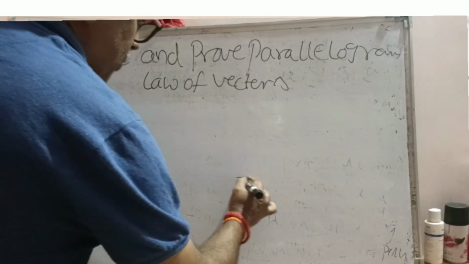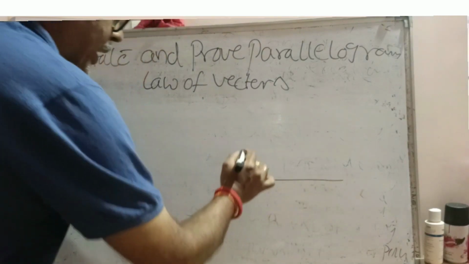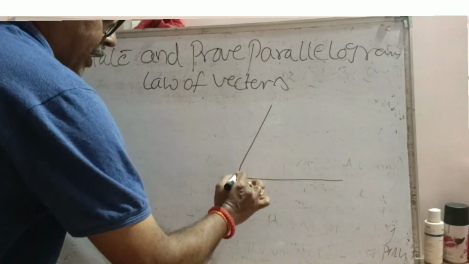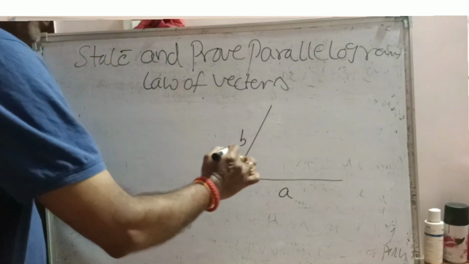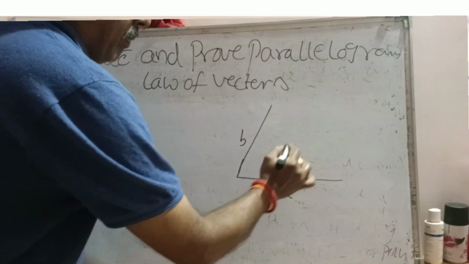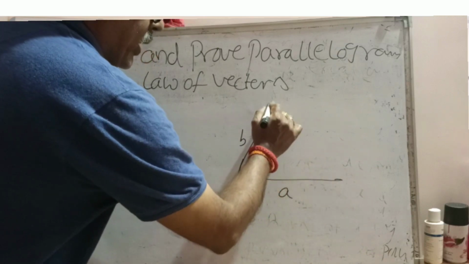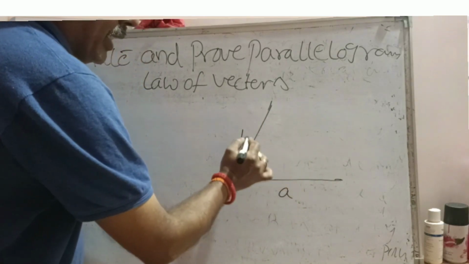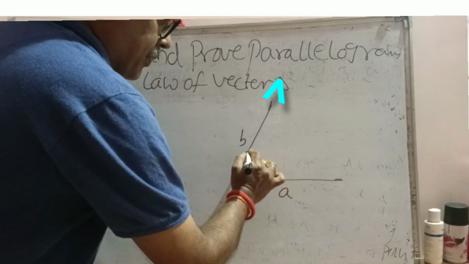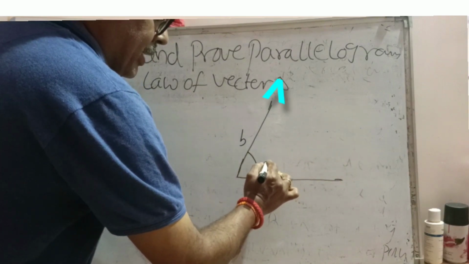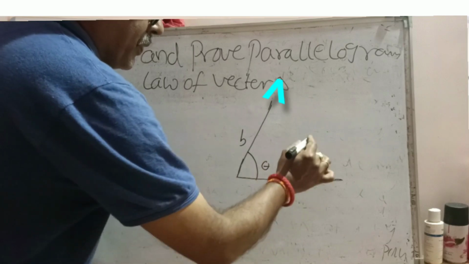Here let us consider two vectors, vector A and another vector B. These two vectors are represented in magnitude and direction by the two adjacent sides of a parallelogram. Here, these two vectors make an angle theta.